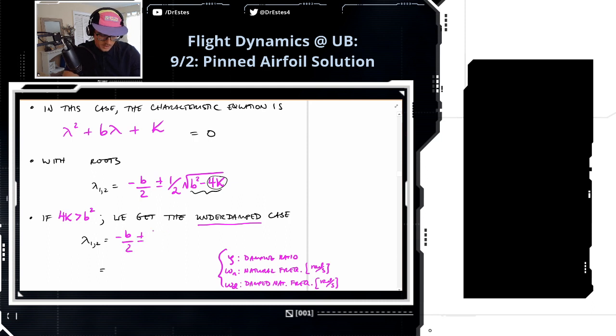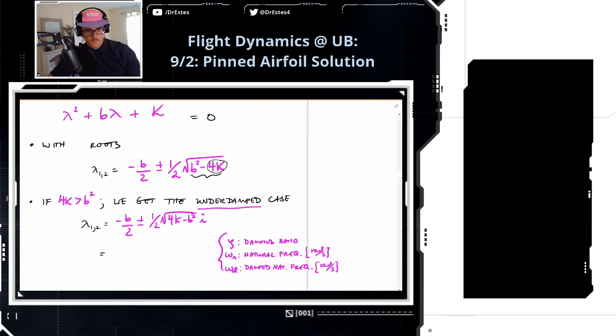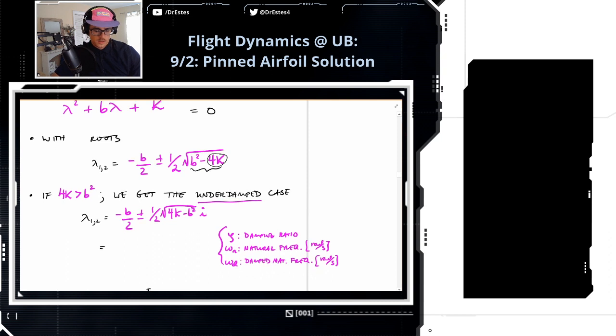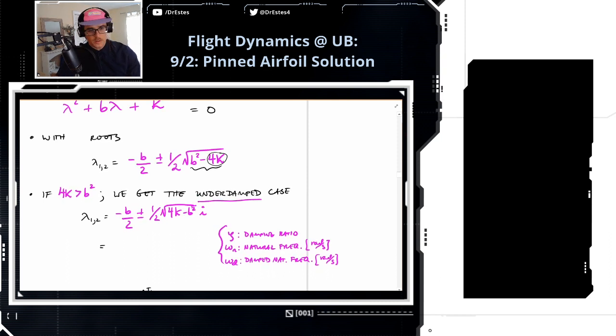So I can call this 1/2, and I can switch the order in here and throw an imaginary variable outside. But from dynamic systems, we've defined some variables for underdamped systems, so why don't we use those?